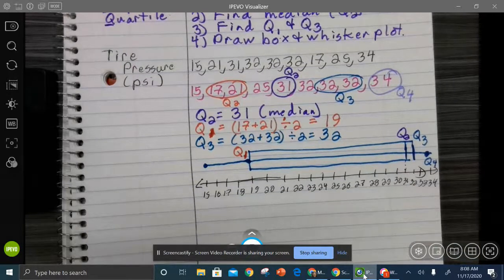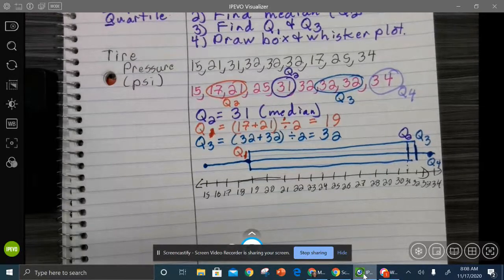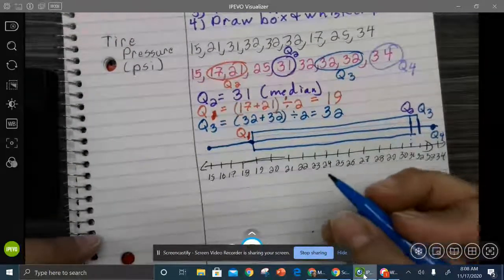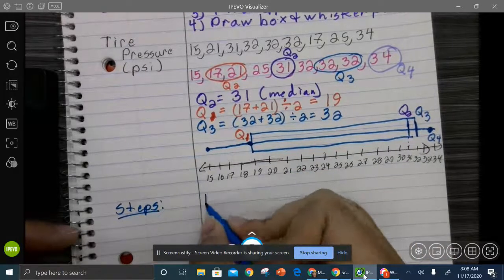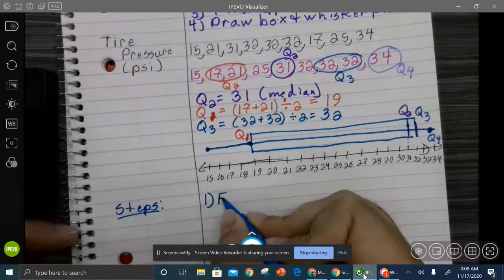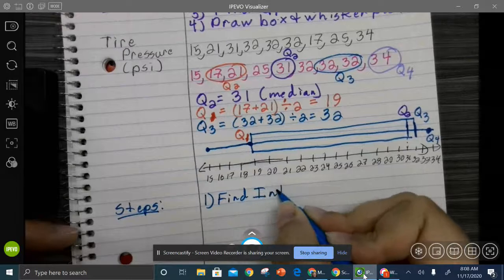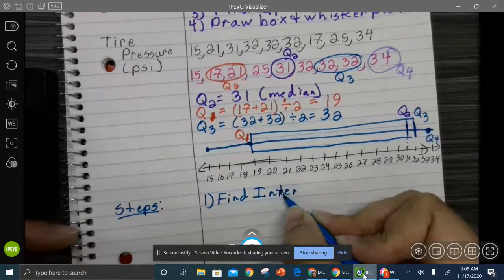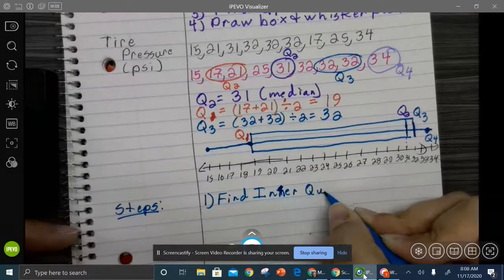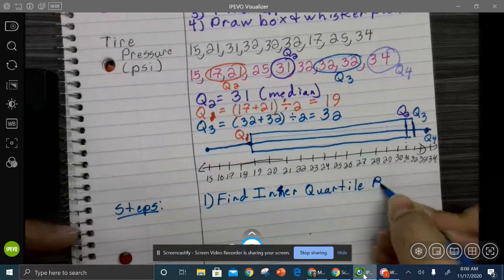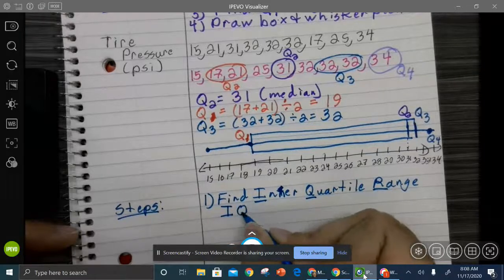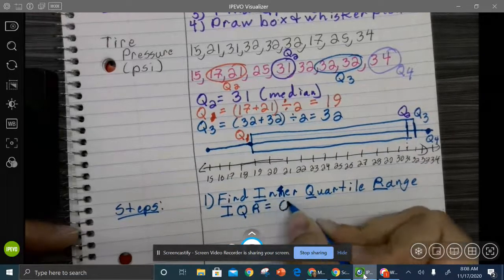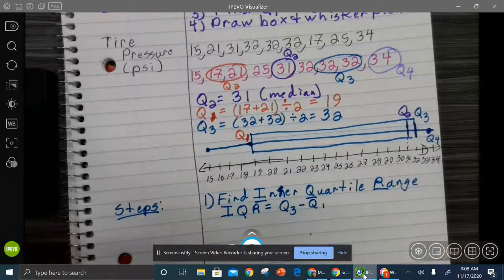We can also find what's called the interquartile range. The IQR is the third quartile minus the first quartile.